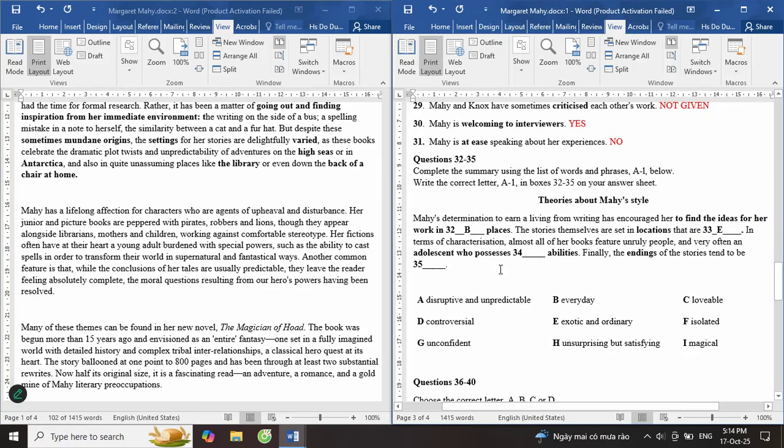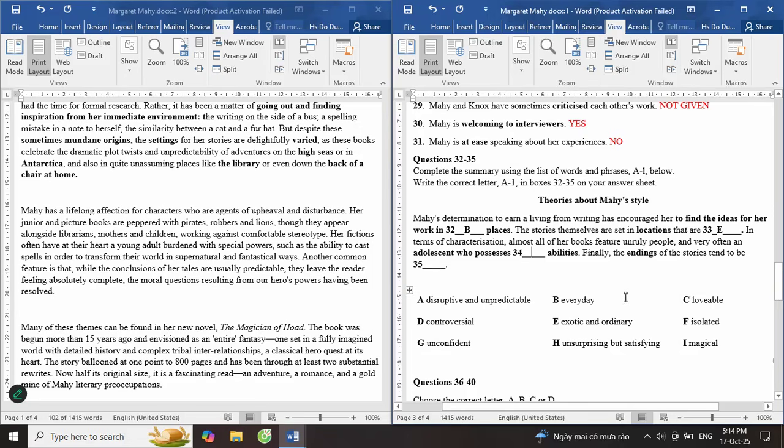Right, so the keyword for number 34 would be adolescent. Adolescents means teenagers, young people who have some ability. We have ability here, so we need an adjective in number 34, right? There are not many adjectives in the answers.